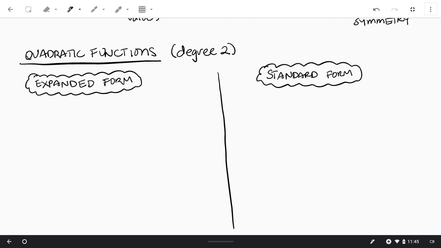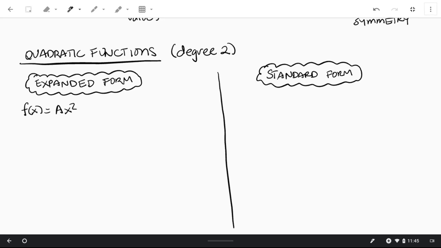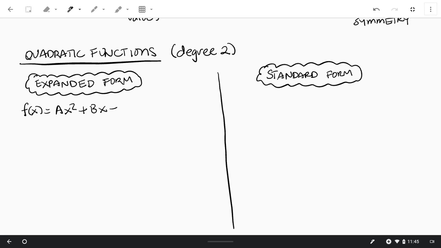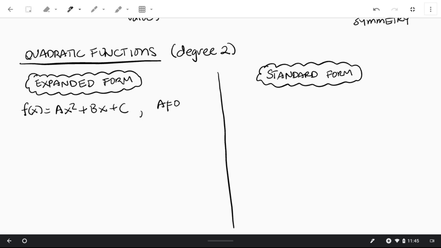For expanded form, it looks like this: f of x equals ax squared plus bx plus c. It has to be degree 2, so a cannot be 0. Because if a is 0, then you don't have degree 2, you have degree 1. So a is not 0.